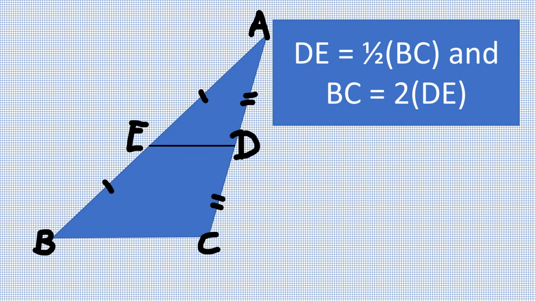So DE is equal to 1/2 of the measure of BC, and the measure of BC is equal to 2 times the measure of the midline DE.